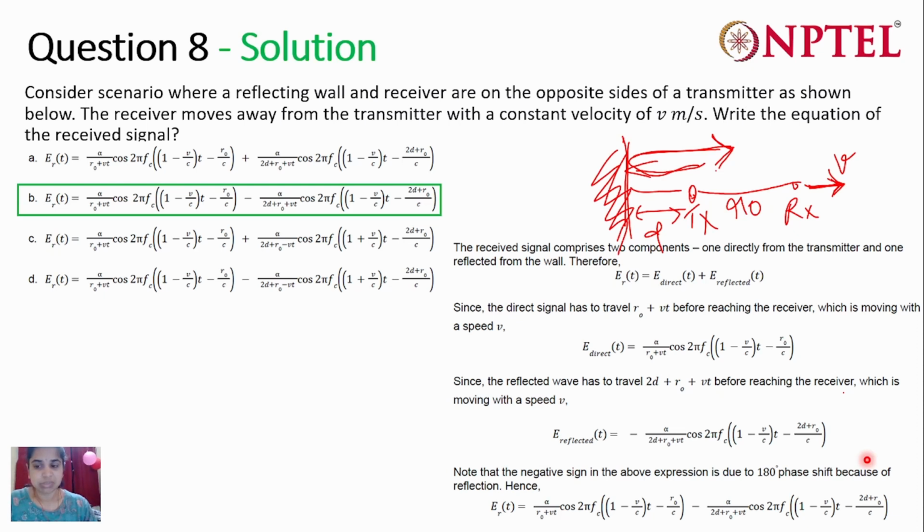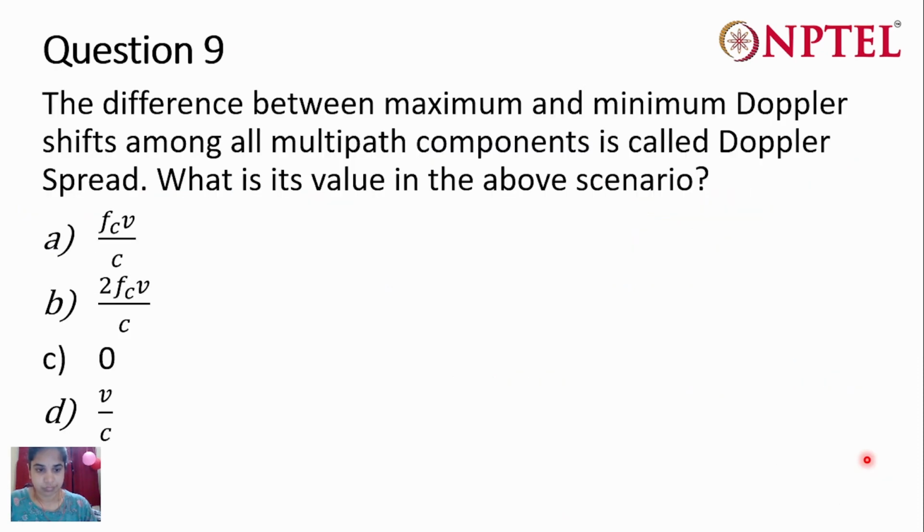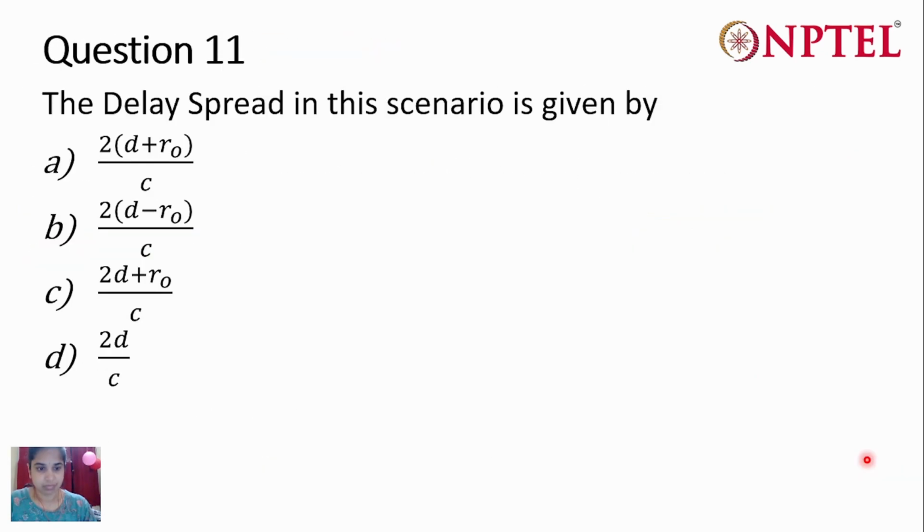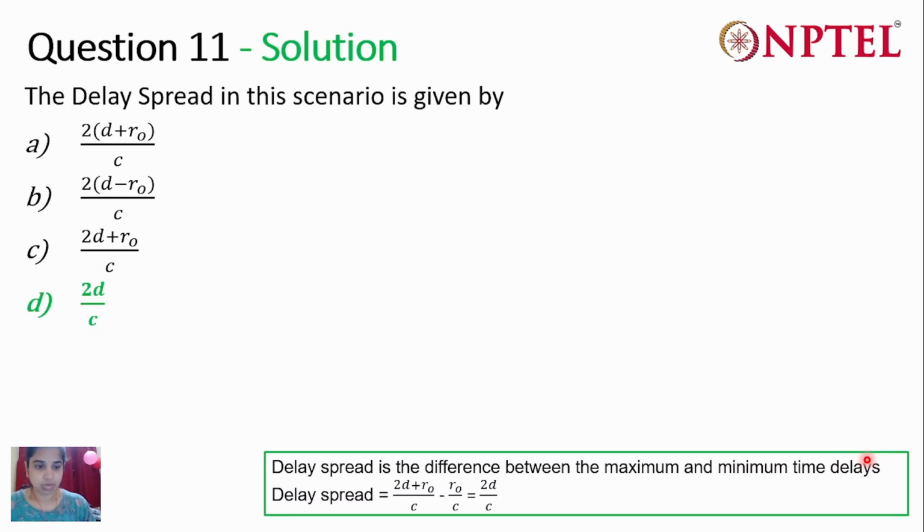What's the answer? What's the delay spread? It's the difference between the maximum and minimum delay of the paths. It's 2D by C, right? Just the difference. So the answer is 2d by c. The delay spread is 2d by c.